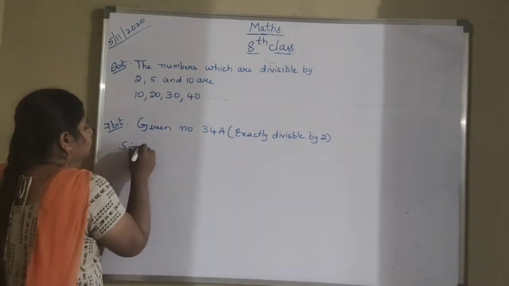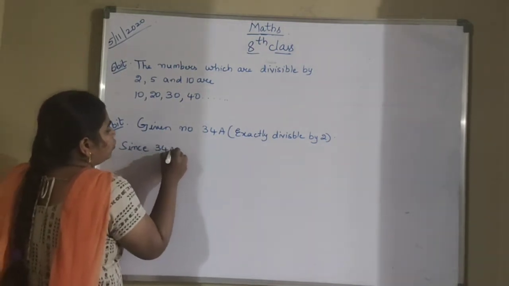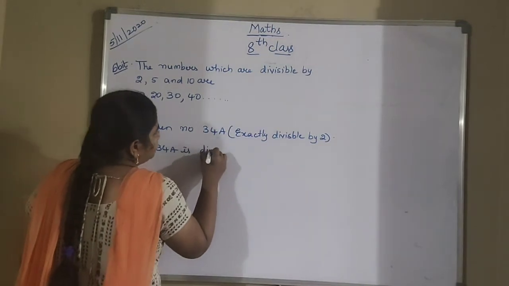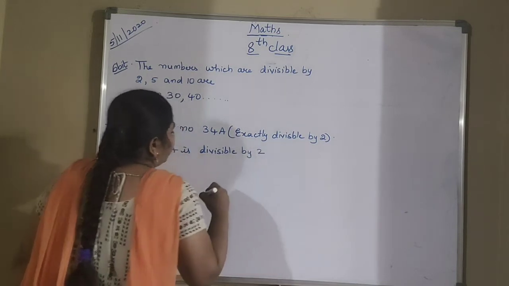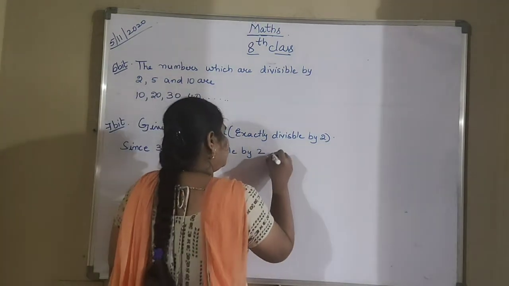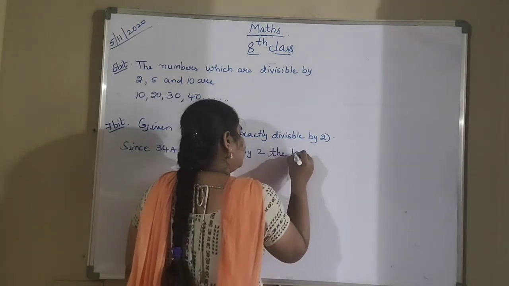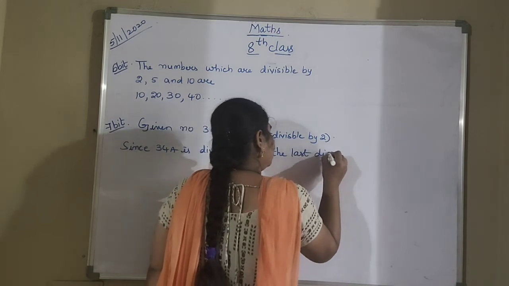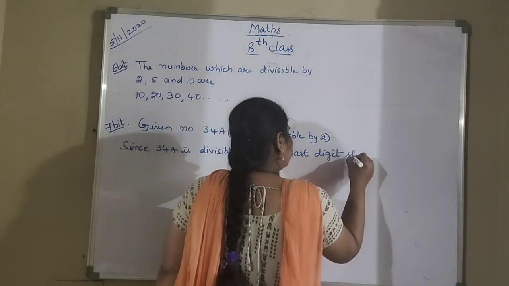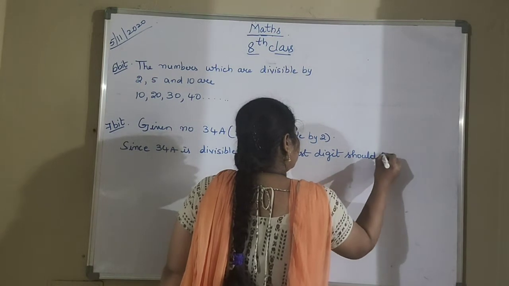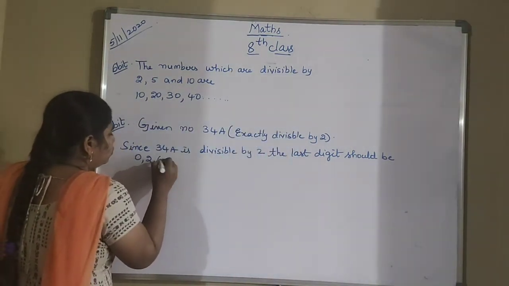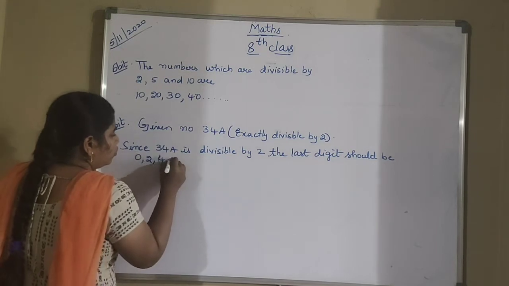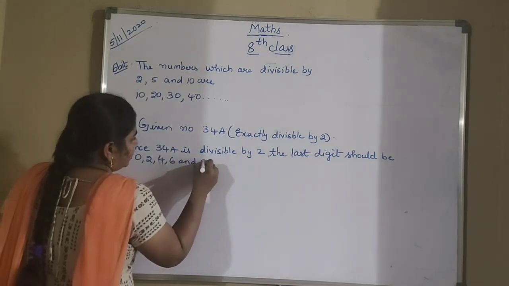Since 34a is divisible by 2, the last digit should be 0, 2, 4, 6 and 8.